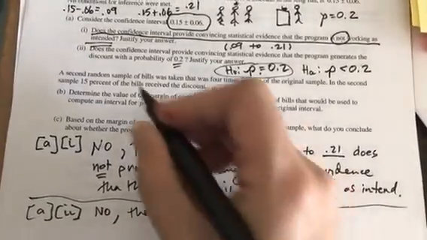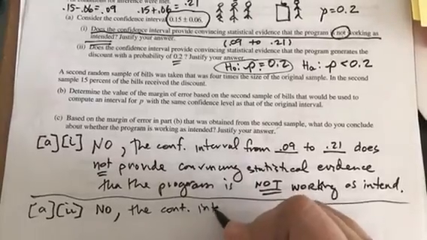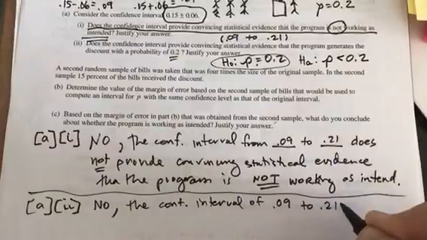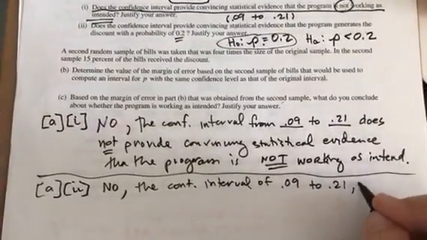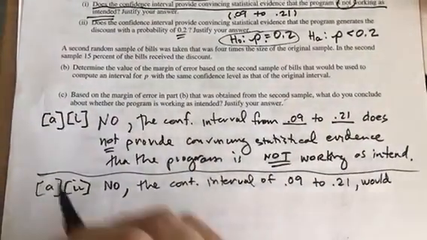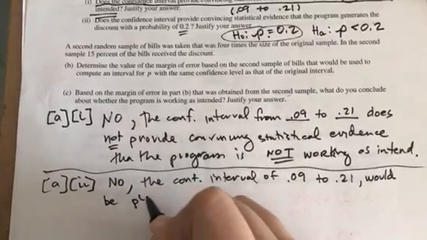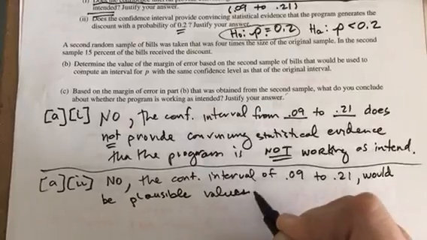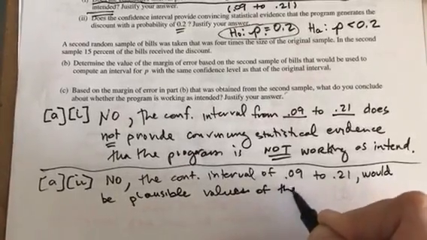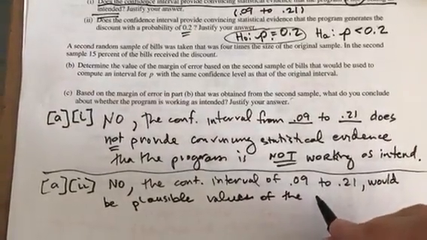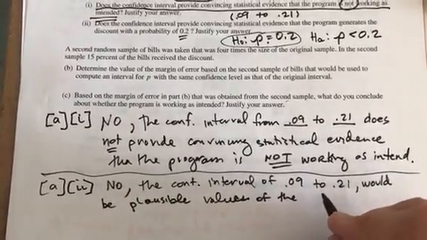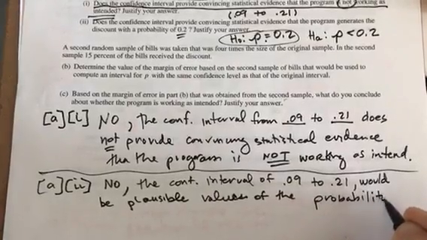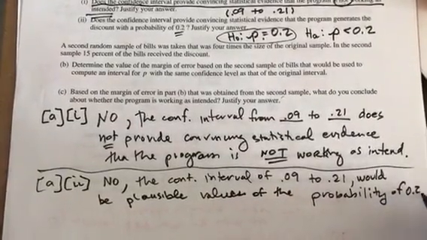The confidence interval of 0.09 to 0.21 would be plausible values of the probability of 0.2.